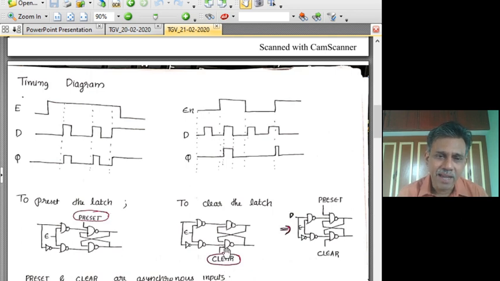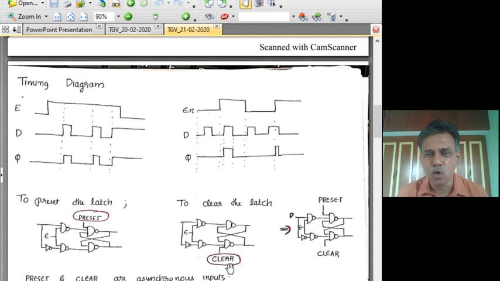Similarly, we can take a line out of the lower bottom NAND gate, and if you make this 0, we can make Q bar become 1 and Q become 0, which means we can clear or reset the latch. There is another name for resetting the latch, called clearing. Clearing means wiping out.